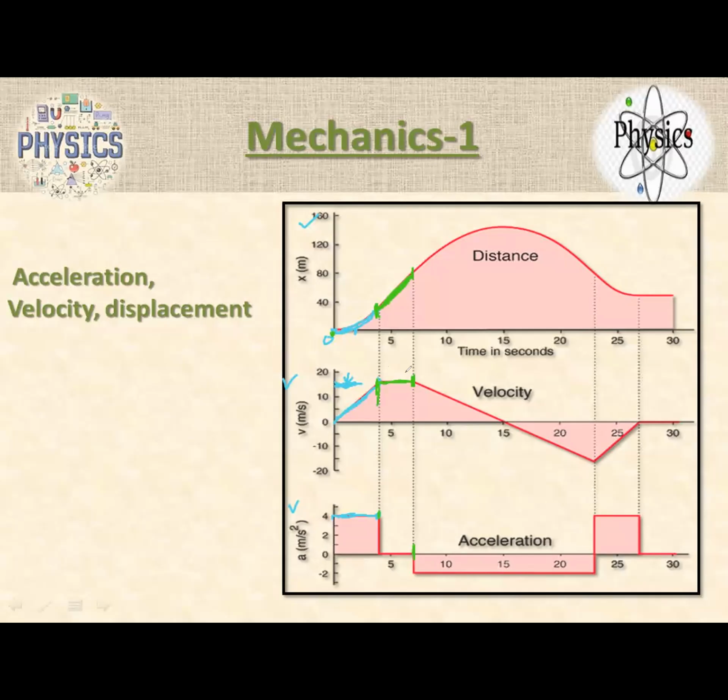When the velocity is constant, what happens to acceleration? Zero, right? There is no change in velocity. Suppose it is 10 here, 10 everywhere from year to year. Acceleration is the change in velocity, so 10 minus 10 is 0. So when displacement increases linearly, velocity is constant and acceleration becomes 0. See how they are related? One is increasing linearly, the other is constant, the other is equal to 0.